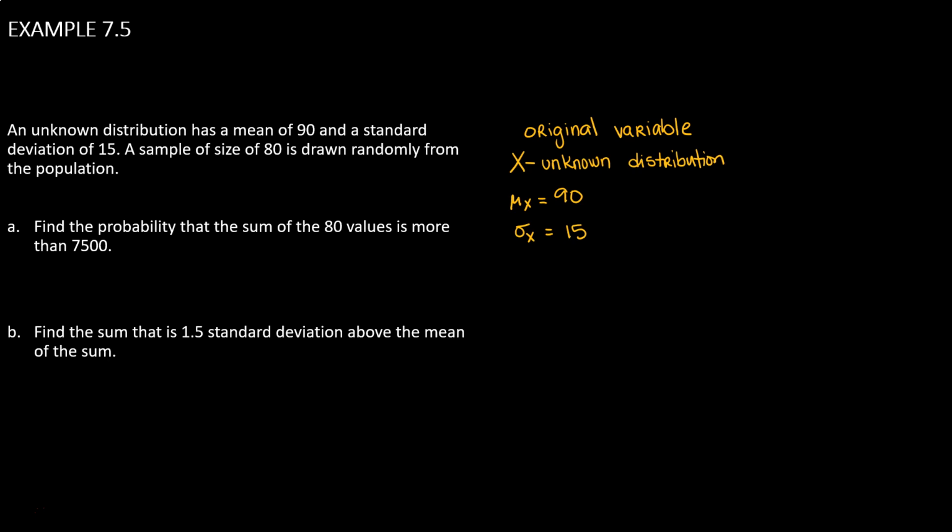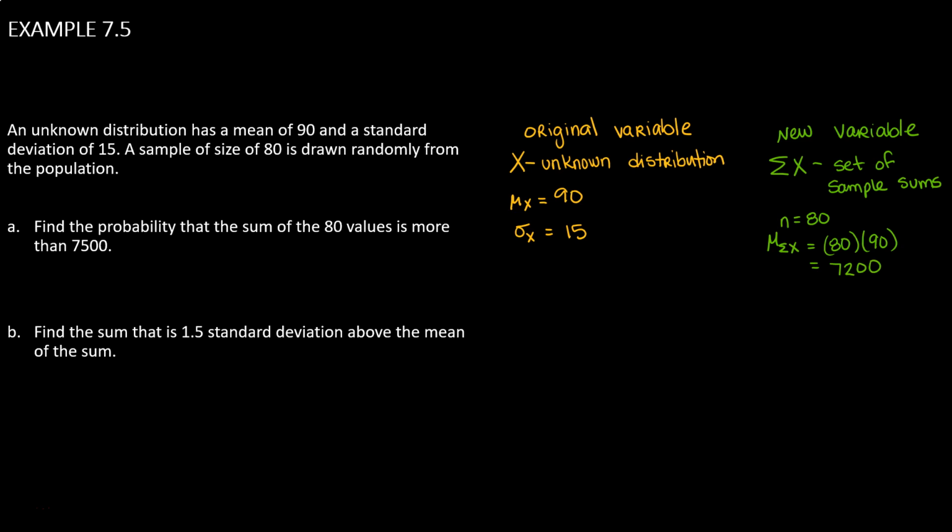And that's what we need to be able to create our new variable, the capital sigma capital X, which is the set of sample sums. We're using samples of 80 values at a time, so we take 80 values and calculate the total sum, and that's what builds our capital sigma capital X. We need to know what the distribution parameters are for this new variable, so we'll calculate the mean by multiplying n times mu sub x, and we find a mean of 7,200.